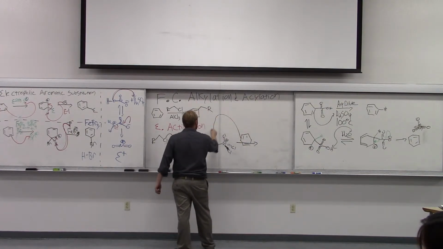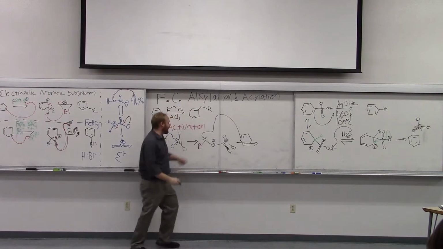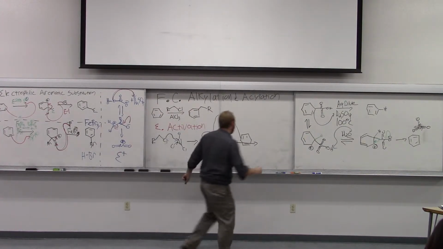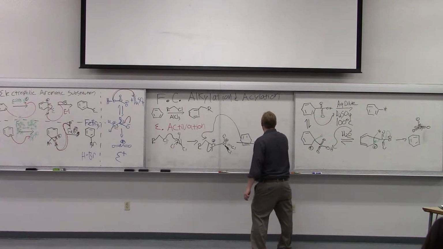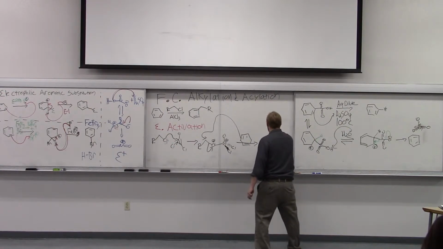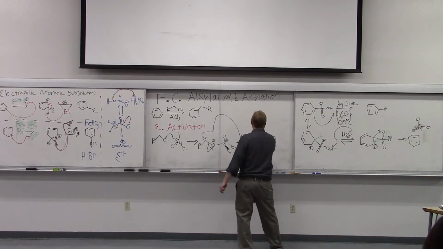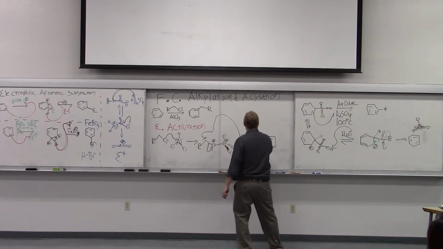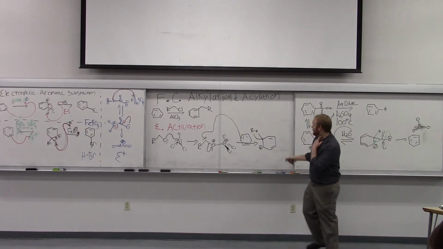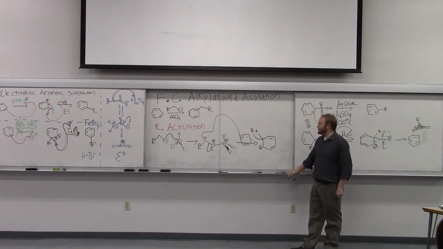The benzene ring will attack the activated electrophile, kicking off chloride, giving us our cationic intermediate. Like so. So then the electrophilic attack is the same as everything we've shown, right?